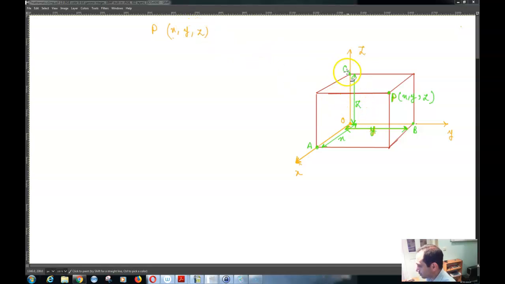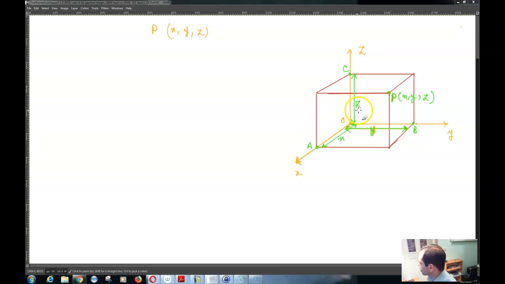And then using these 3 points, you can reconstruct this rectangle over here, and this vertex of the rectangle will be your point, the location of the point P. Basically, that's the whole process really.